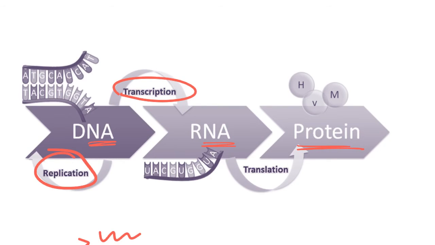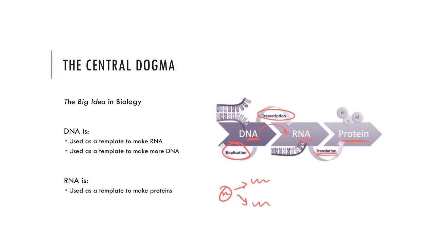So transcription is just about rewriting, or retranscribing, which just means to write. You're keeping it in the same language of nucleic acids, but going from DNA to RNA. When you actually change languages, going from nucleic acids to proteins, which are totally different, that is translation. You're changing the language that you're speaking in.